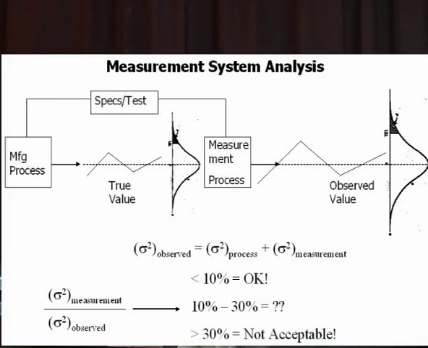If it is a red risk, we may not consider it acceptable. If it is a yellow risk, we may say it's appropriate or acceptable for that particular measurement. Now, this is just an illustration.